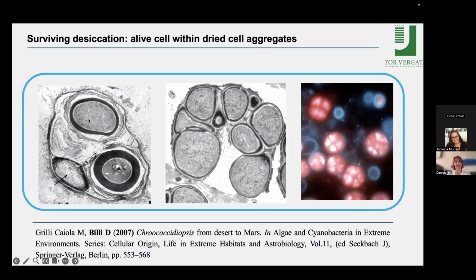It seems that survivors can eat and take advantage of the dead cells. And when you rehydrate this dried sample, they go back to life and start to divide a lot. The exopolysaccharides that they accumulated while dry are removed, and they form this big multicellular aggregate, so they are going back to life.